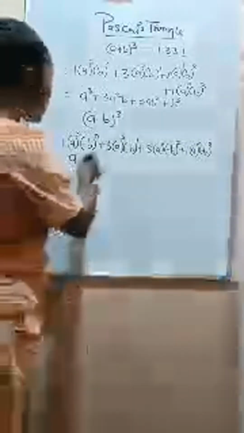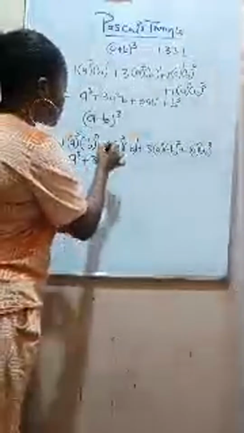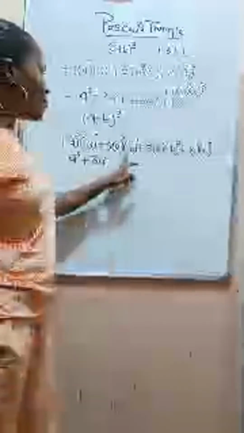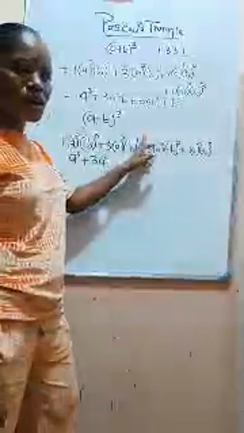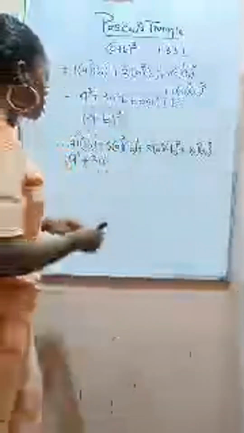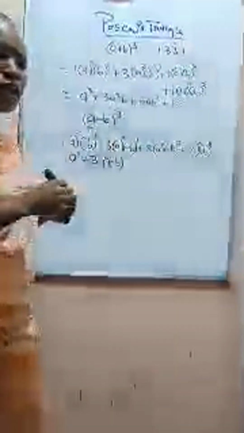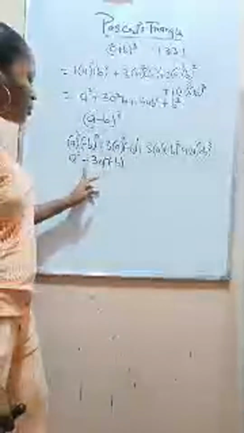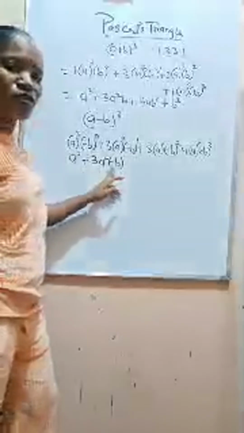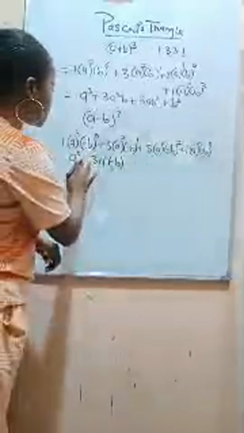Alright, then plus, here we have 3 a to the power of 2, but remember that we have minus b to the power of 1. And minus b to the power of 1 is still minus b, okay? So we have brackets minus b here. But remember that we have minus and plus here. Plus times minus will give you what? Minus. So that is why this sign will change.